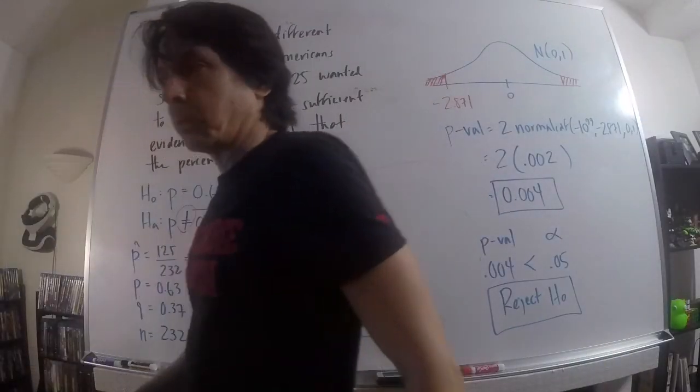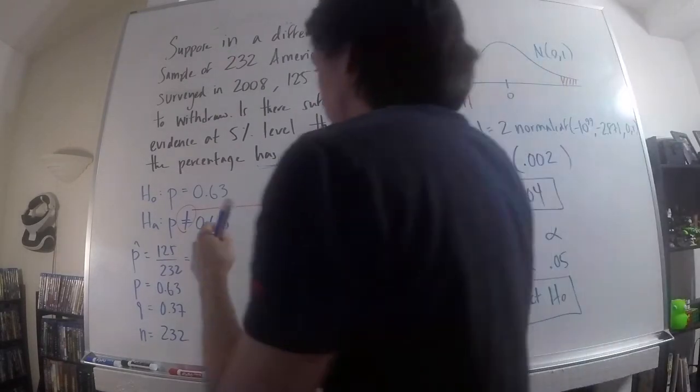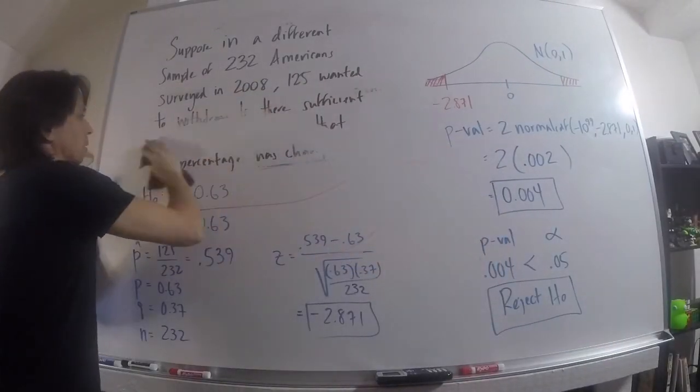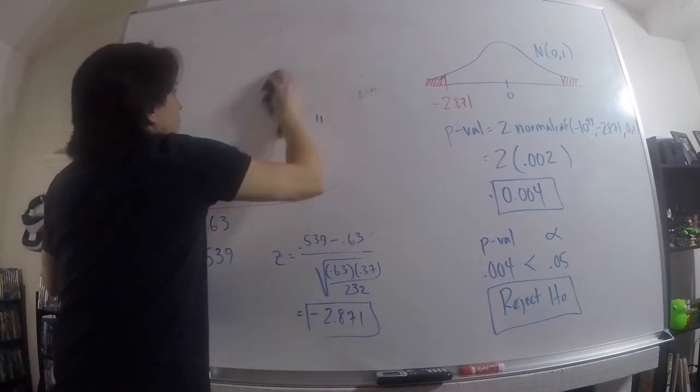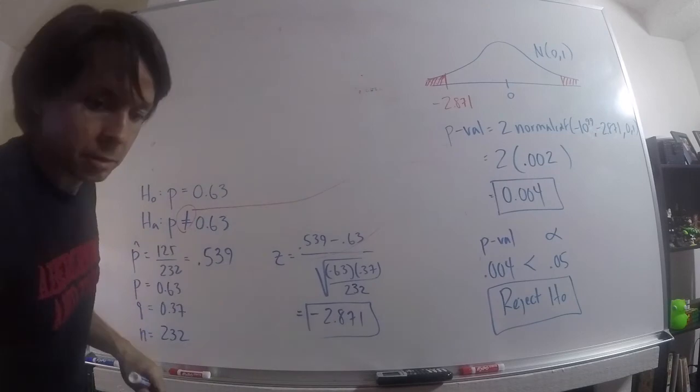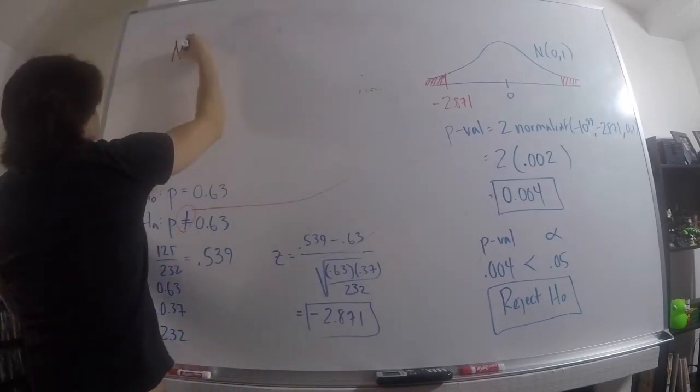One last thing I want to note. Yeah, just my little note. I guess I'll write it right over here. Not important other than just understanding a little minor point.